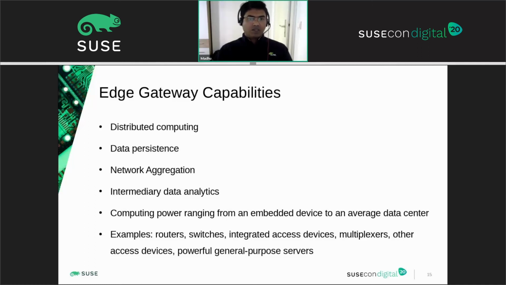So there has to be some balance, and it's something that every solution has to undergo. Generally anything that sits connected to the end devices is used as an edge device: the routers, switches, some access devices in case of mobile networks, and some general purpose servers which are close to the device.